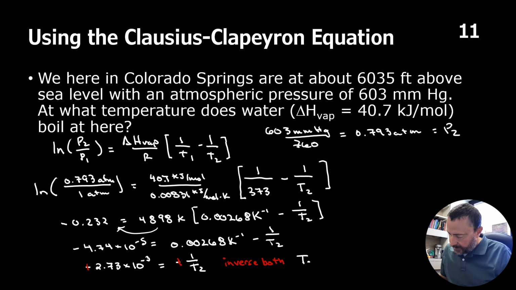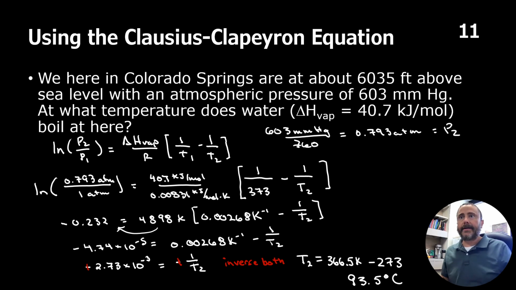That gives me T2 equal to 1 over 2.73 times 10 to the minus 3rd, which is 366.5 Kelvin, minus 273. So water would boil on a normal day here in Colorado Springs at 93.5 degrees Celsius.